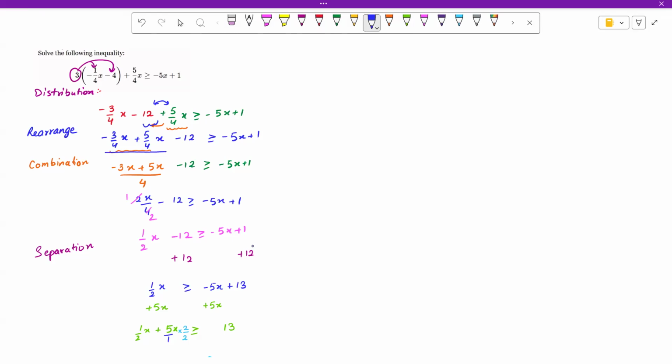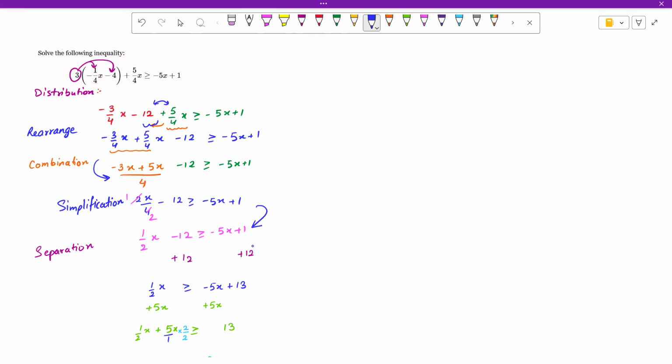So this was a like term with each other. When we solved it, we got this. After combining, we did simplification because it was possible. After simplifying, we get this.